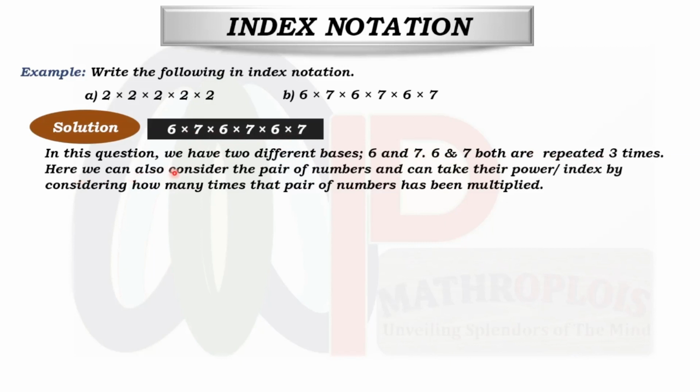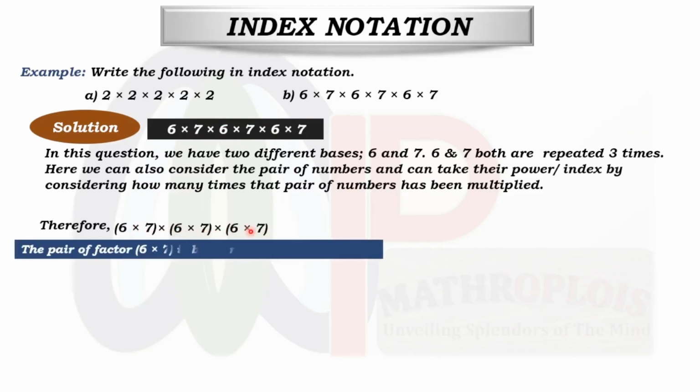Here we can also consider the pair of numbers, and take their power or index by considering how many times that pair has been multiplied. The pair of factors 6 by 7 is being multiplied 3 times.